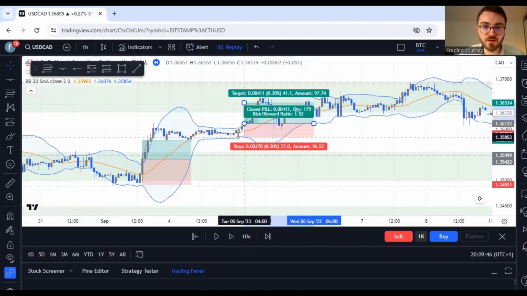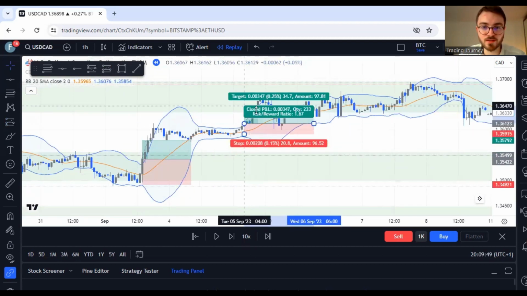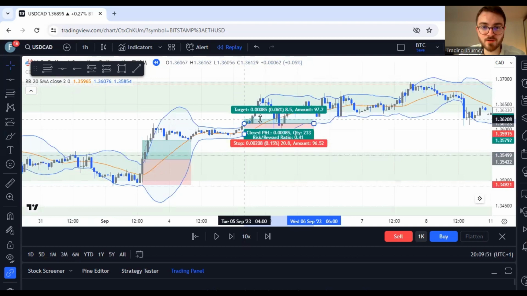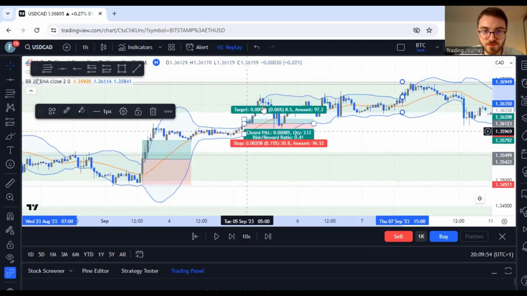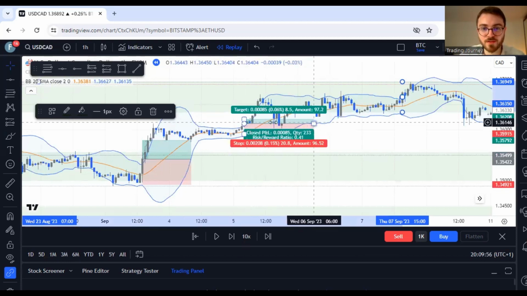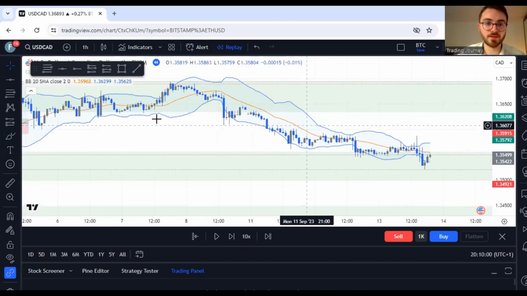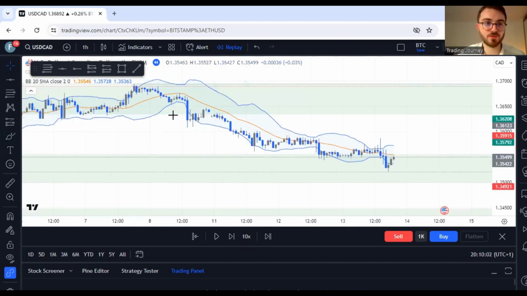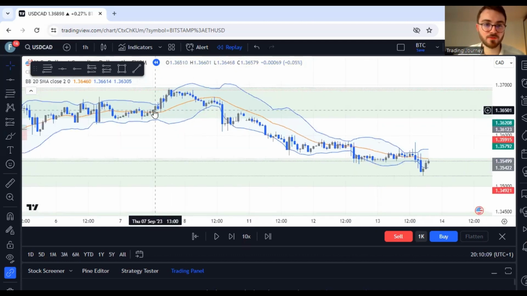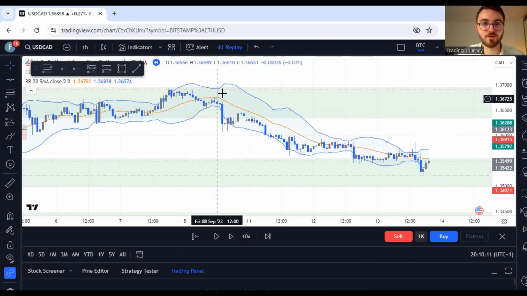For instance, here you would basically not make any money or even maybe lose a bit with this trade. So that's the problem. And that's also why some people use other indicators like the RSI or the MACD to filter out these signals, because a lot of the time you can just constantly go in and out of the market.